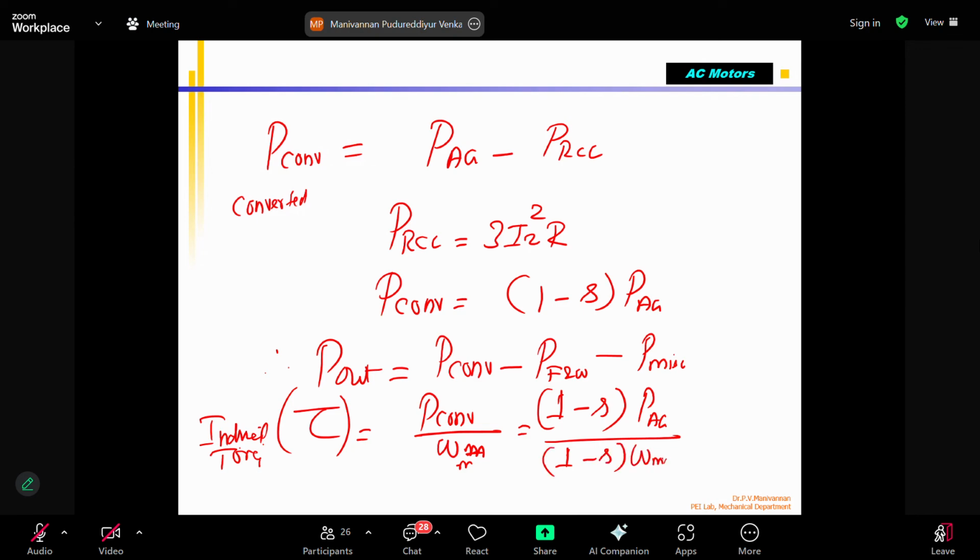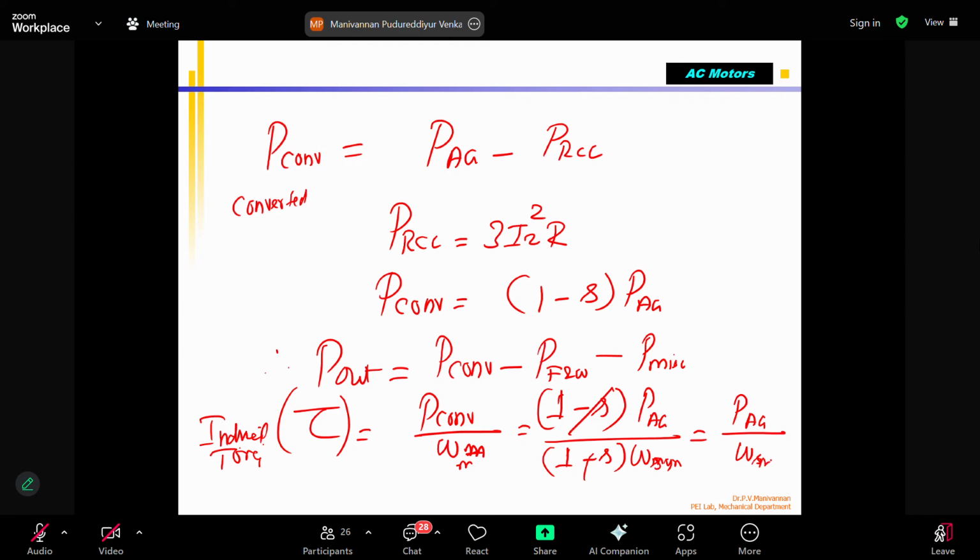The 1 minus S terms cancel. So induced torque equals P_AG divided by omega_sync. I stop here. Sorry for taking a little time.